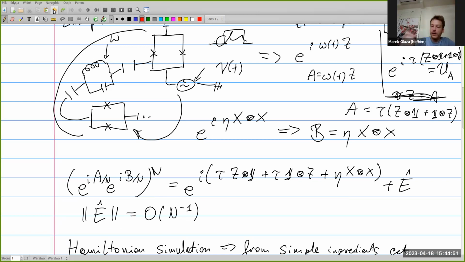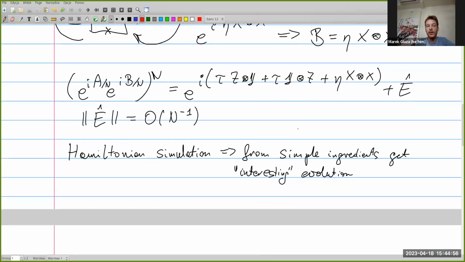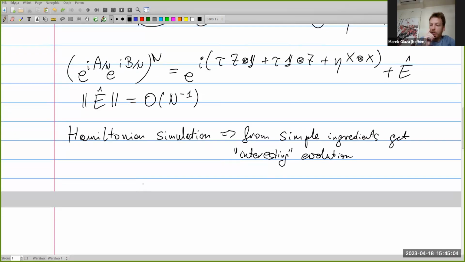So we could say that Hamiltonian simulation is a way of using gates. So our gate number 1, or in Hamiltonian simulation, we would say that the ingredients are those are Hamiltonians.